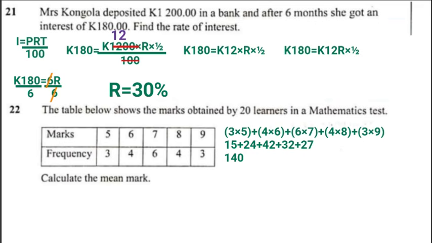So after adding everything, we divide 140 by the number of learners. Never divide by the number of terms you have added, like 5. You use 20, the number of learners. So we divide 140 by 20, which will give us 7. So the mean mark is 7. The average mark was 7.